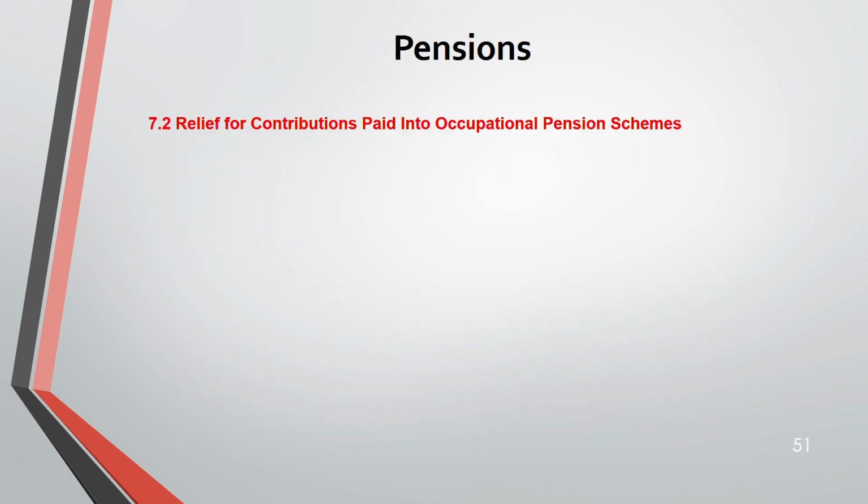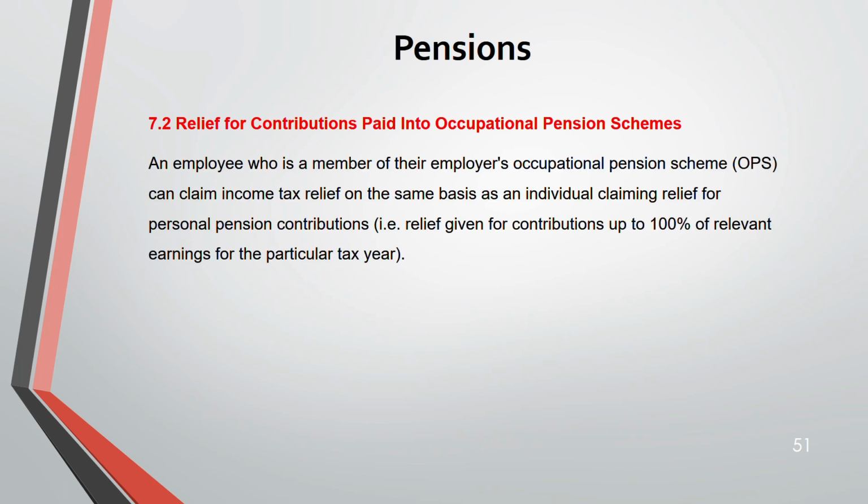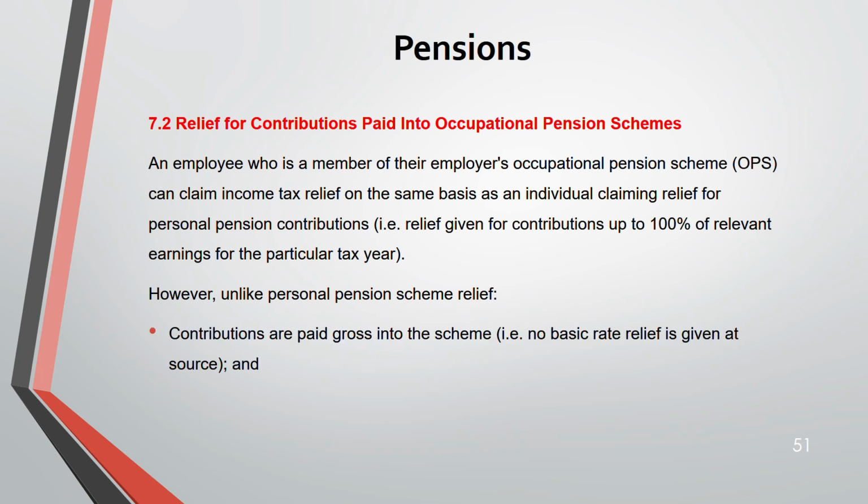Now, relief when you are paying into occupational. What is the relief? If you are making contribution up to 100% of relevant earnings, you are going to get a relief. But in personal pension, contributions are paid gross into the scheme.